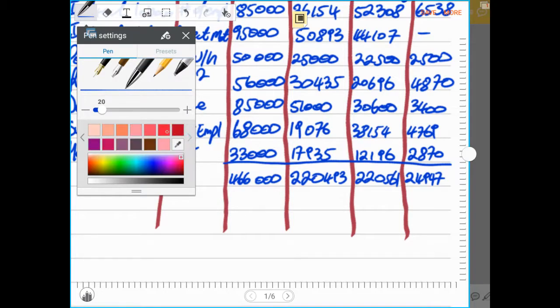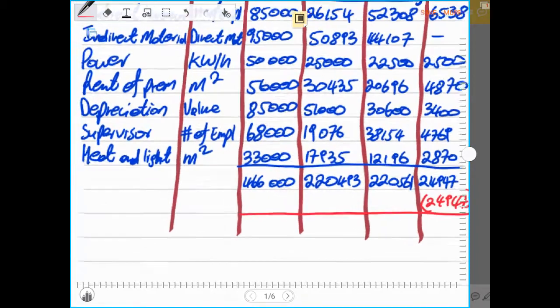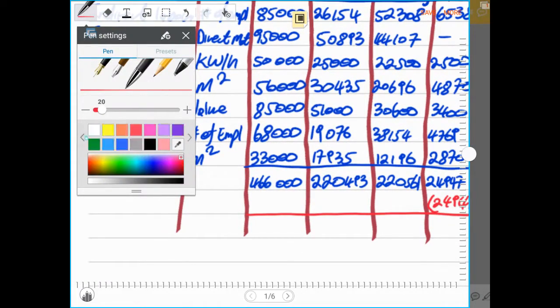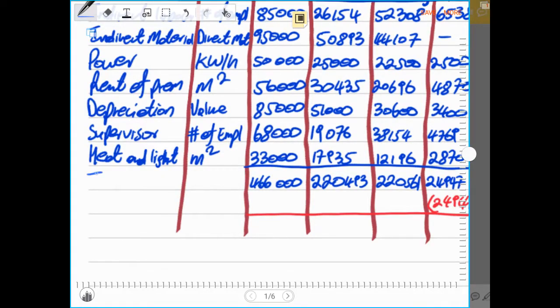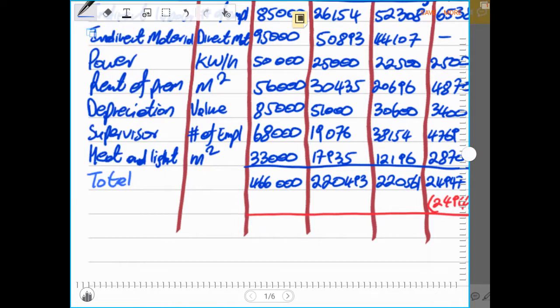So now we are doing that reallocation where we take our canteen of 24,947 and we allocate it to all other departments. Here we have the total of the overhead.